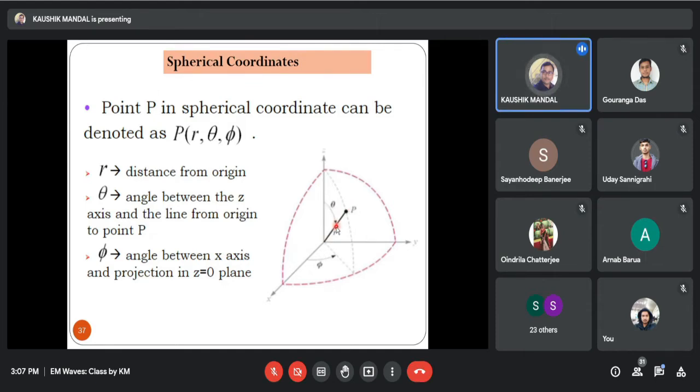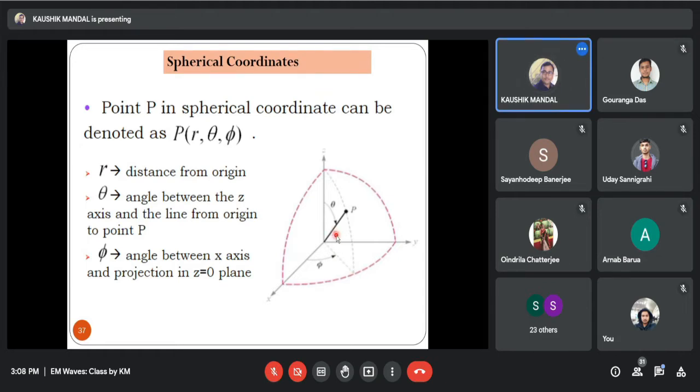Theta is the angle between the z-axis and the line joining the origin and the corresponding point P. So this is the angle theta. And this phi is the angle between the x-axis and the projection of this particular line on the xy plane. The xy plane means the plane where z equal to 0.